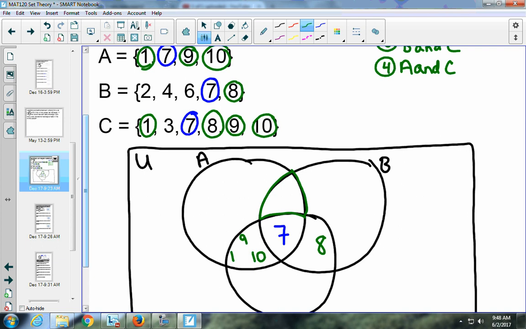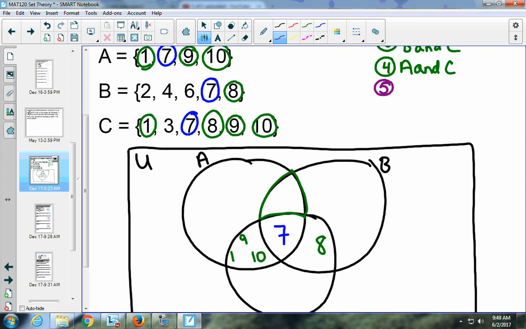The next thing I'm going to look at are the elements that are in one set only. Once again, it does not matter the order as long as you look at each set individually.